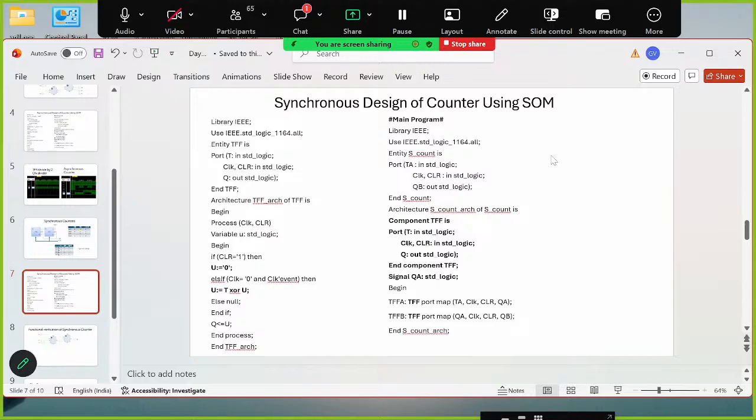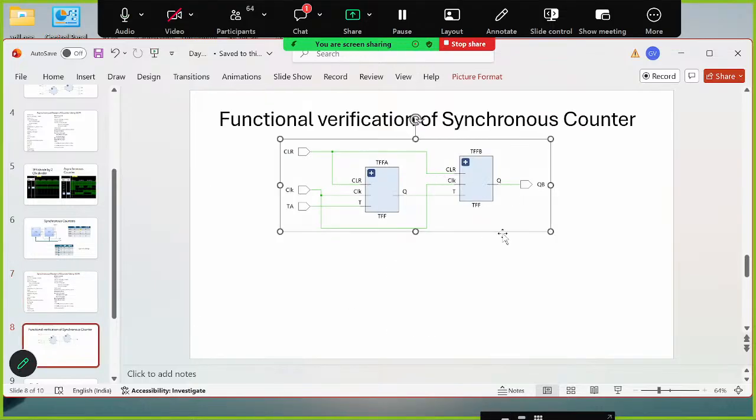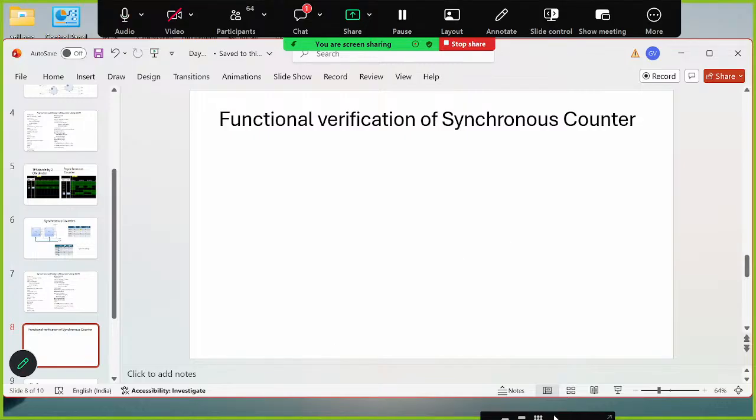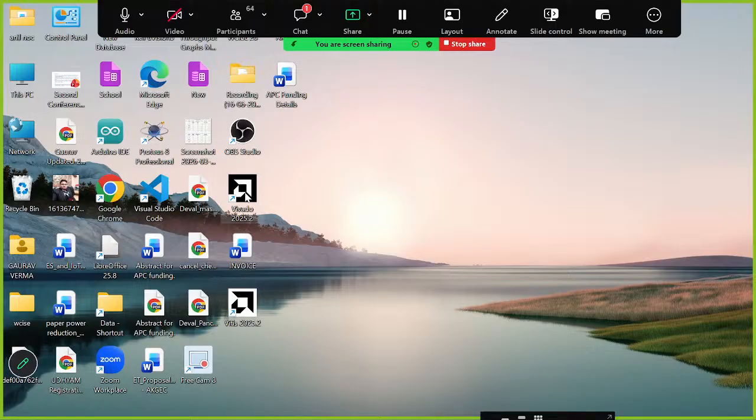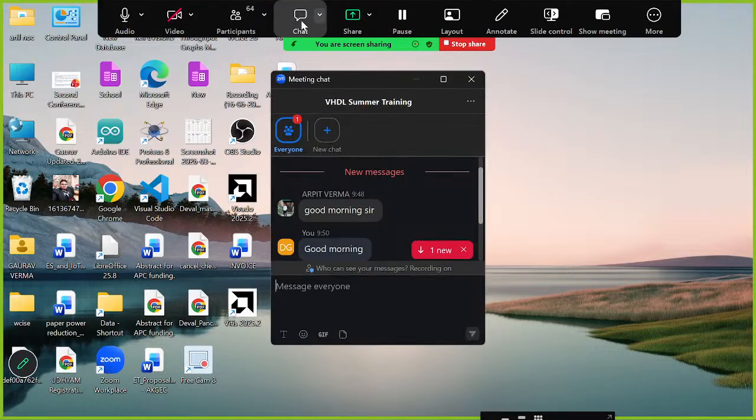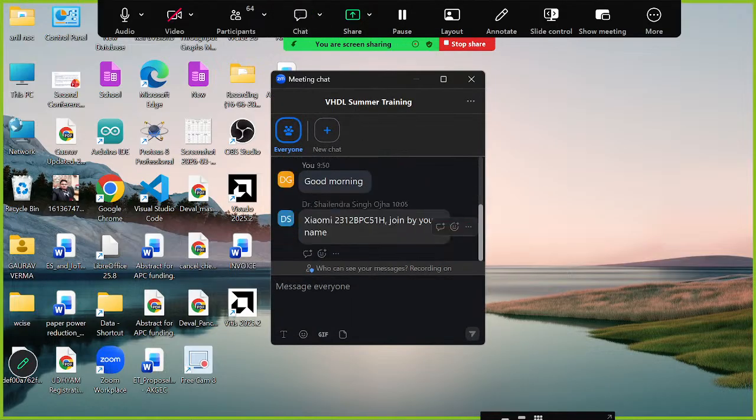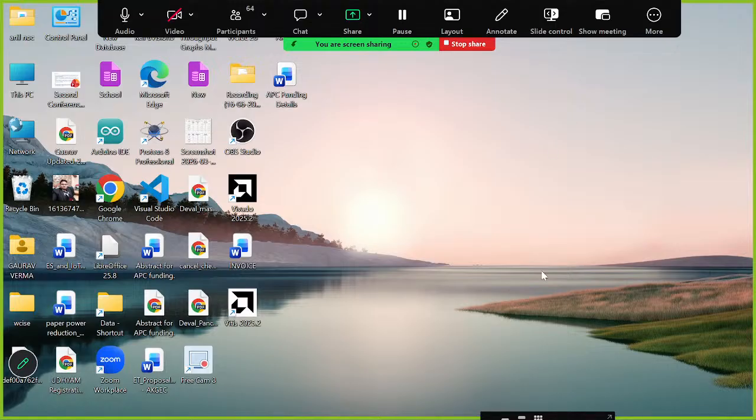I have already tested it, but for your reference, I will again demonstrate with the help of software. Let's wait for some time.